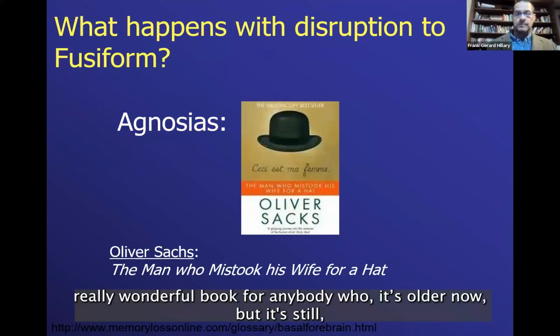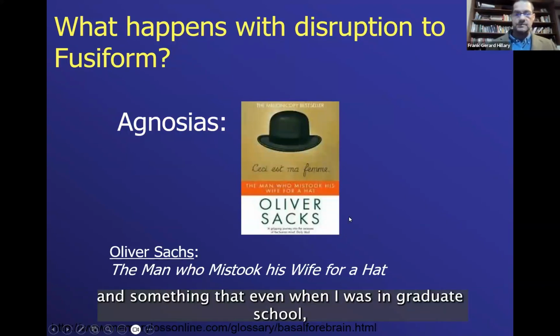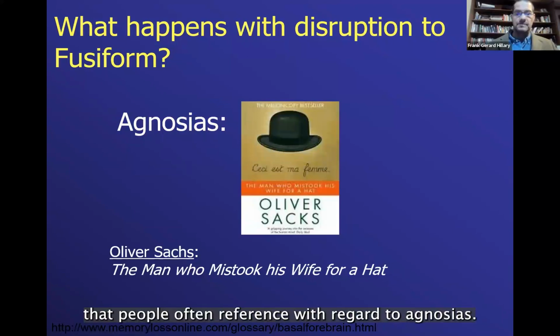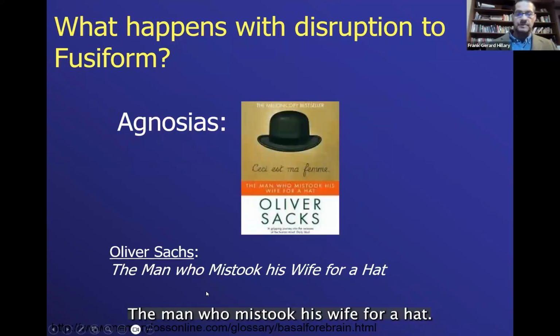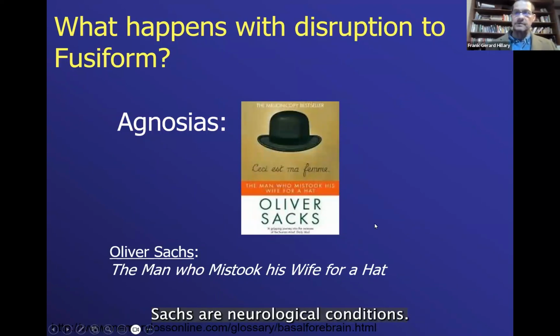There's a really wonderful book, it's older now, but it was something people often referenced with regard to agnosias when I was in graduate school: The Man Who Mistook His Wife for a Hat. This series of stories from Oliver Sacks is about neurological conditions.